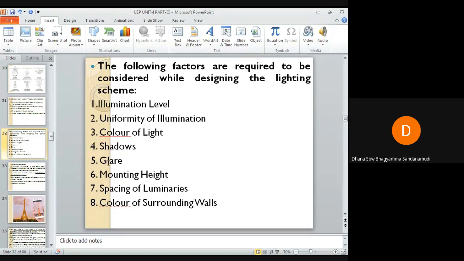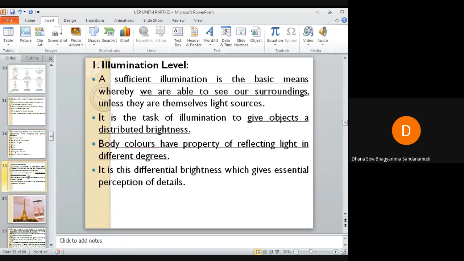Shadows are important. Glare is important. Mounting height, spacing of the luminaries means spacing between the lamps. Color of the surrounding walls: what color you paint the walls of the room you want to illuminate is important. Let us discuss these factors one by one.